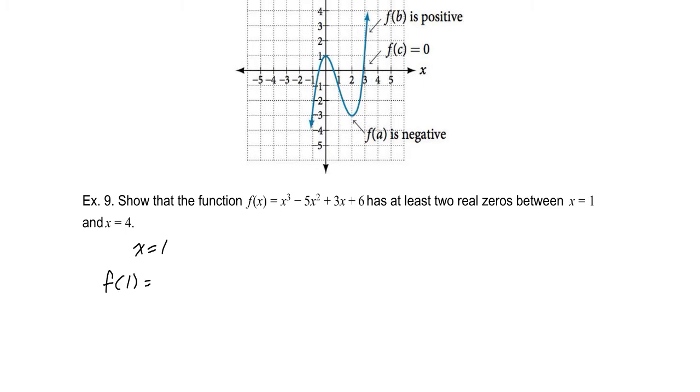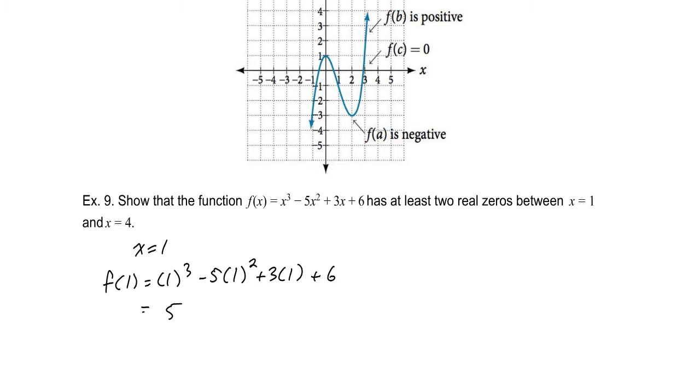At x equals 1, that would be 1 cubed minus 5 times 1 squared plus 3 times 1 plus 6, which is 1 minus 5 plus 3 plus 6, which is 5.